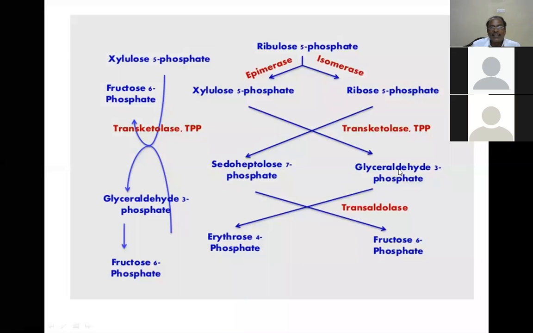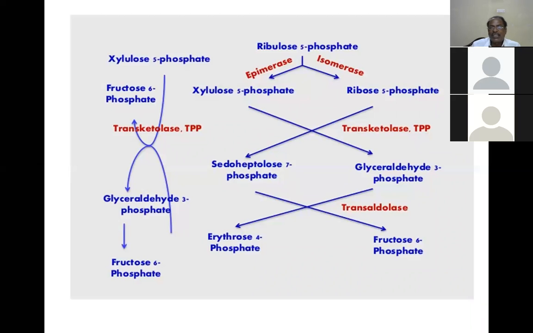Hope you have understood. The enzyme here is transketolase, and the coenzyme participating in this reaction is TPP, thiamine pyrophosphate. Thiamine pyrophosphate is the active form of which vitamin? Thiamine, a member of the B complex group. What is its position in the B complex?